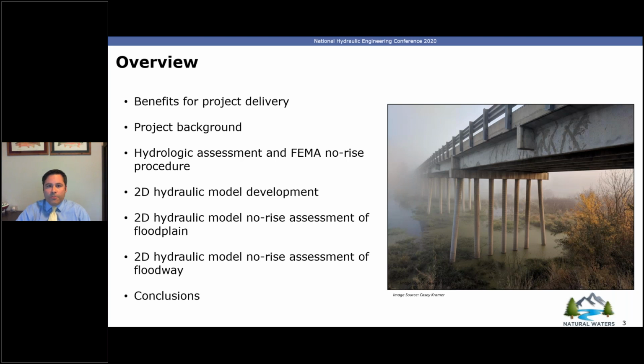As a brief overview, we'll go over the benefits for project delivery, a brief background, the hydrologic assessment performed along with the FEMA no-rise procedure, the 2D model hydraulic development, the 2D hydraulic model no-rise assessment for both the floodplain and the floodway, and then some conclusions. Similar to Scott, if there are any questions, feel free to ping Wes and we'll ask those as we go through the presentation.